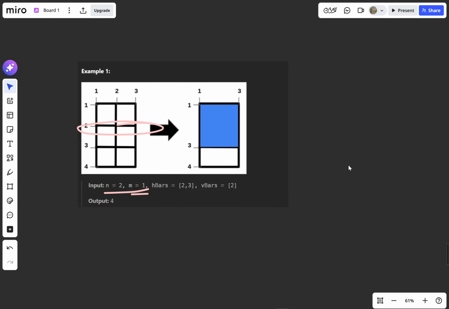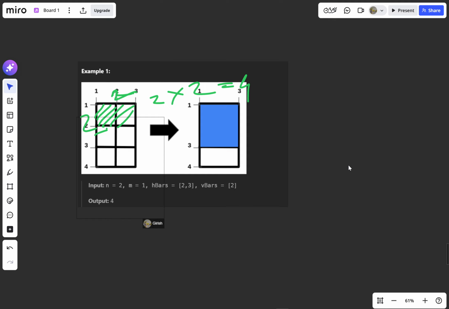Just in this case we have removed the horizontal bar 2, by which we can get this area, which is 2 by 2. So 2 into 2, we get 4 as the answer. So that's why our output is 4.